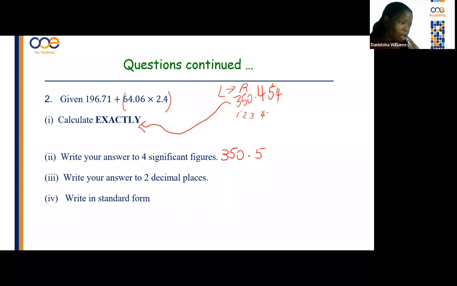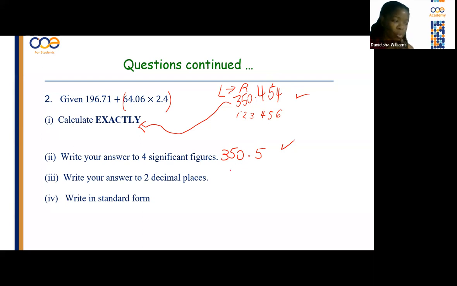We have 4 significant, 5, and then 6. So overall, we have a total of 6 significant figures. Our question is only asking us for 4. So we count to 4, and we have 1, 2, 3, 4. Then we look at the digit beside it. If it's 5 or more, we will just use our rounding off principle, and we get this. So that's that, and that's correct.